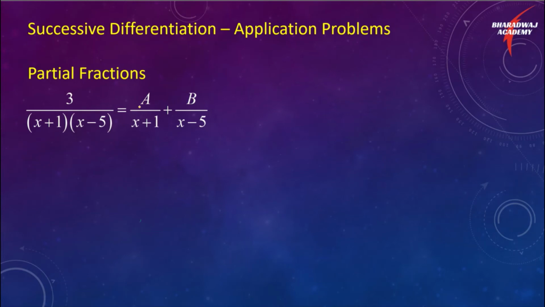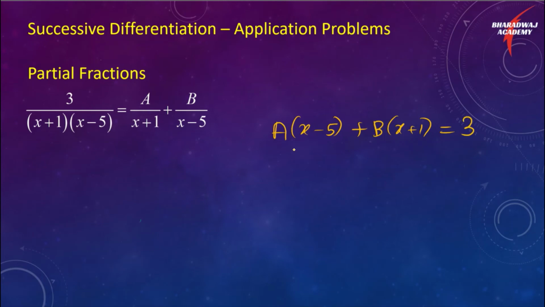A and b are unknown constants. How to find them? We have to form an equation by cross multiplying. When you cross multiply, you have to take the LCM here. So you'll be left with an equation of this format: a into (x minus 5) plus b into (x plus 1) is equal to 3.